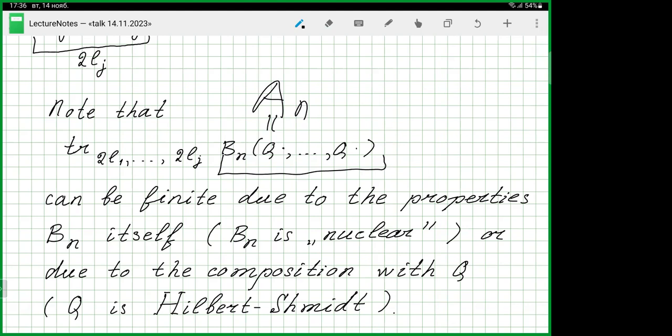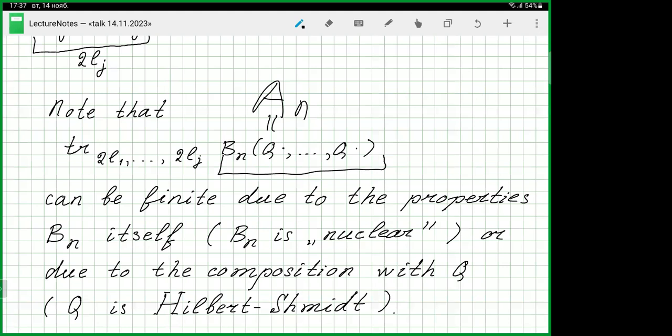One reason: Bn itself can be nuclear. For example, we remember that in the case of an integral kernel of multiplicity 2, if it is continuous, then it has a trace.